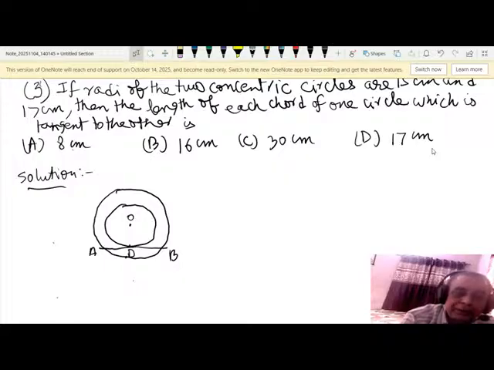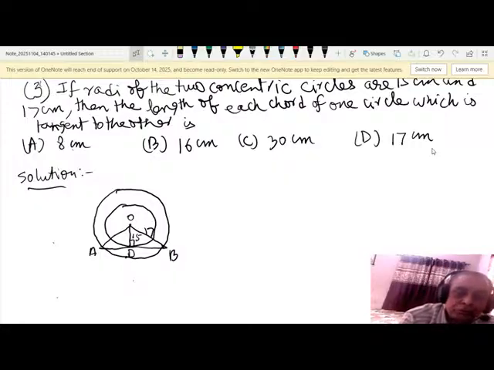So here the radius of the inner, smaller circle is OD, which is 15 centimeter. Mark here 15. Now the radius of the larger circle is OA or OB. It is 17, sorry. Now we have to find the length of the chord AB.